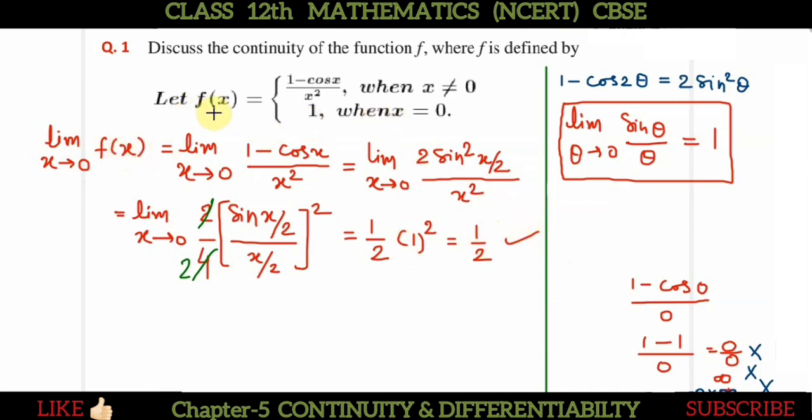Now the function f(x) equals 1 when x equals 0. So f(0) is 1, and this limit of f(x) as x tends to 0 is 1 by 2, so obviously this relation has not been satisfied, which was required to be satisfied for the function to be continuous.